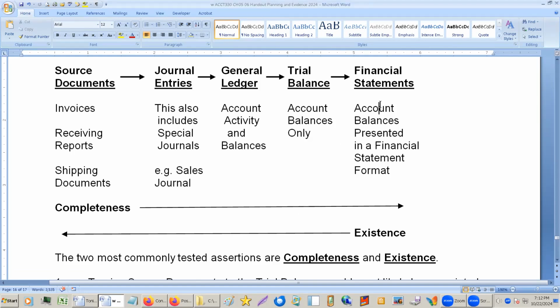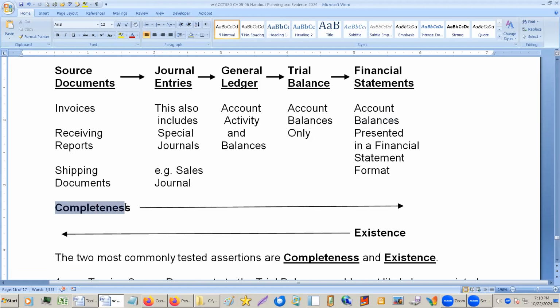So you'll start with the number on the financial statements. Okay, accounts receivable is this amount. We'll go back to the trial balance, go back to the source documents, the shipping documents, and all that kind of stuff to see if those accounts receivable are actually valid. So you're going to go the other way.